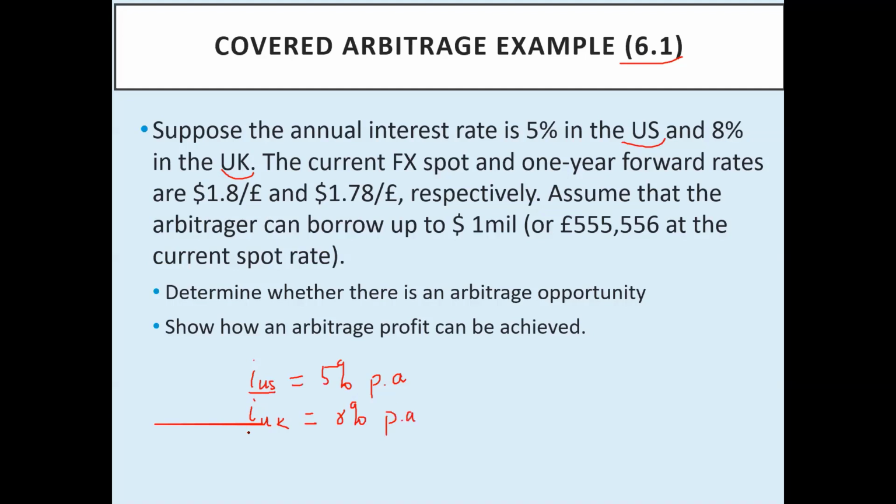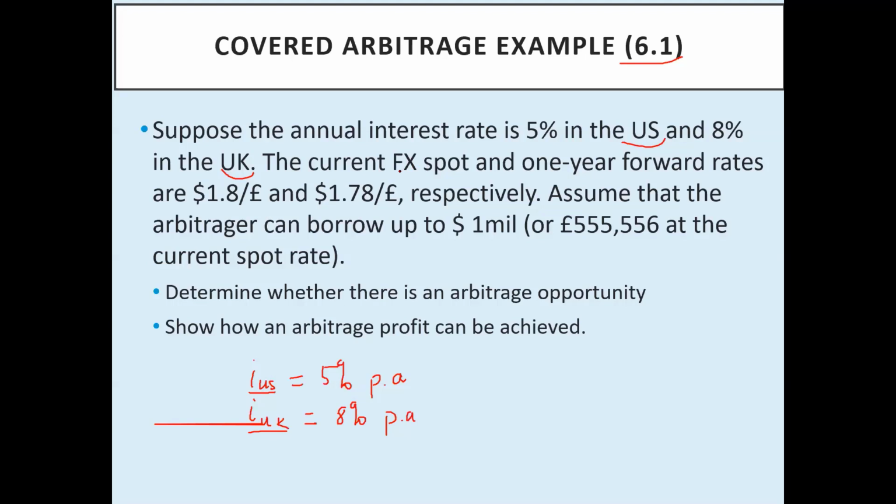So when we say interest rate in a certain country, in economics, we're talking about the risk-free rate, or the government rate. So in the UK, the interest rate is 8%.